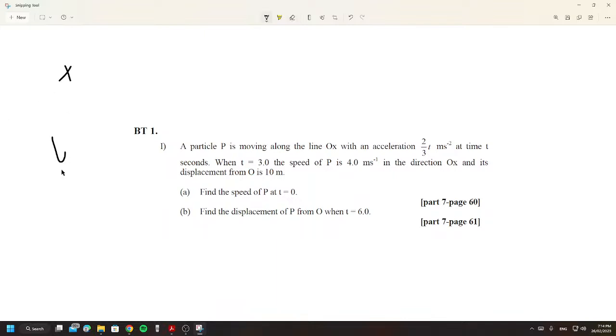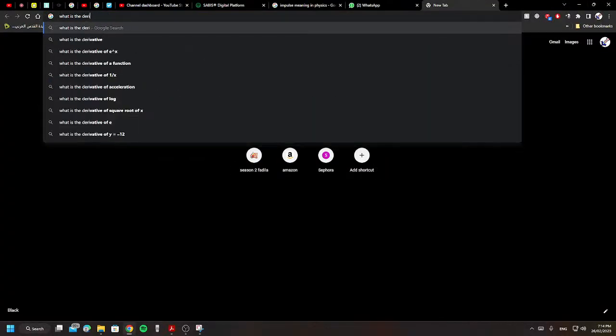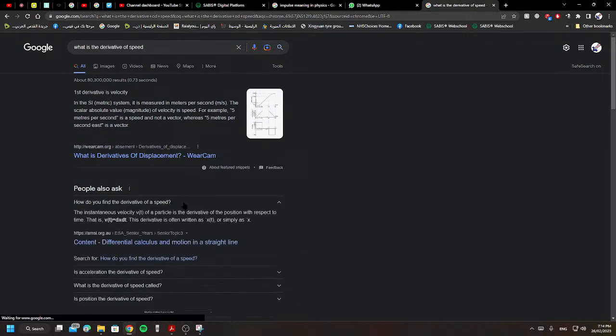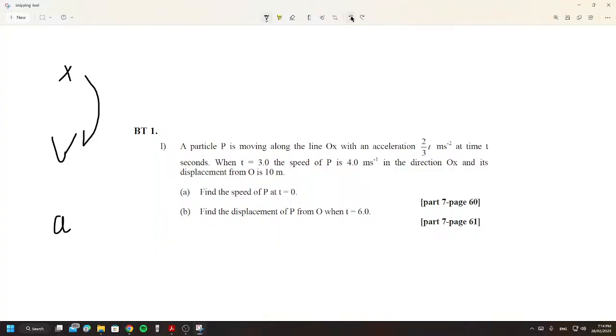So you have X, you have V, and you have A. To go from X to V, is it derive or integrate? Okay, so acceleration is the derivative of velocity.